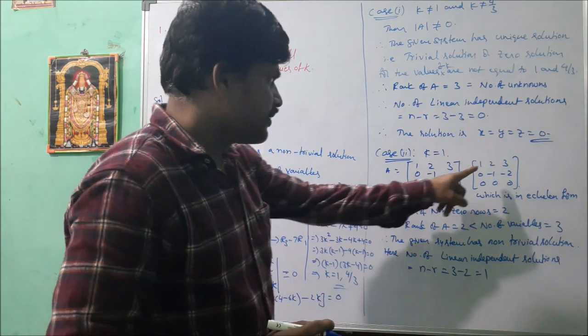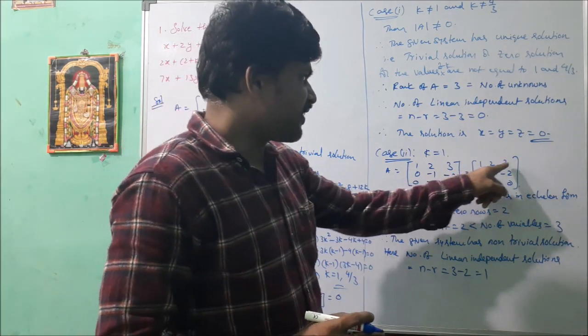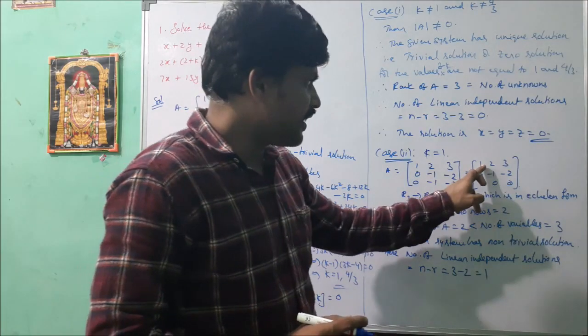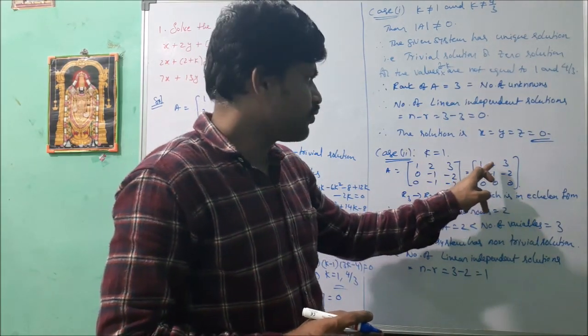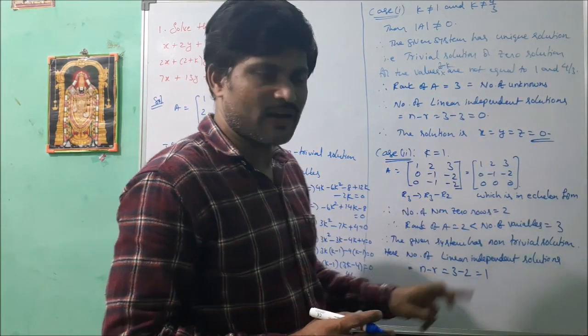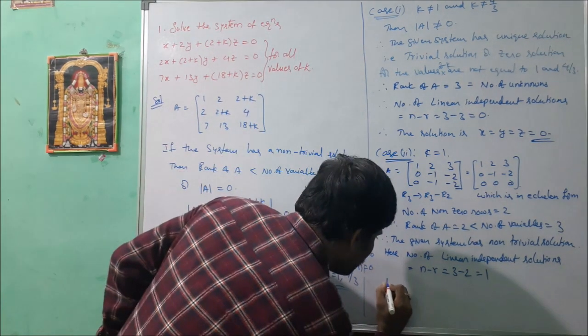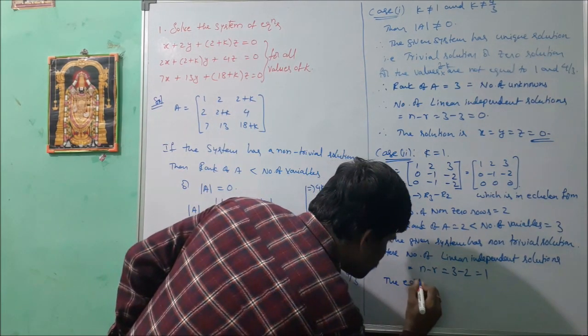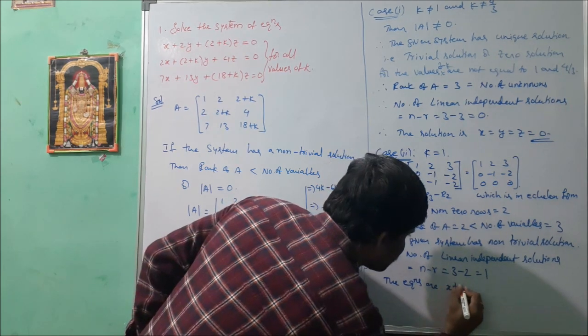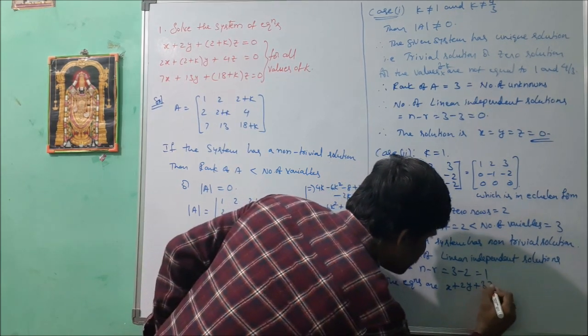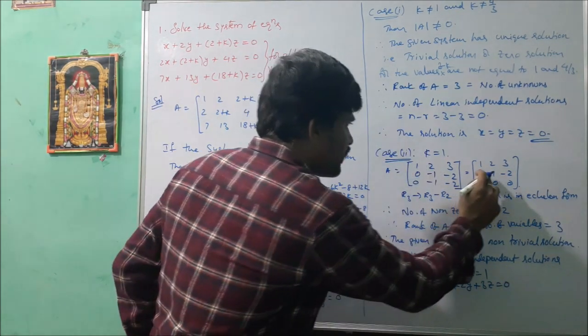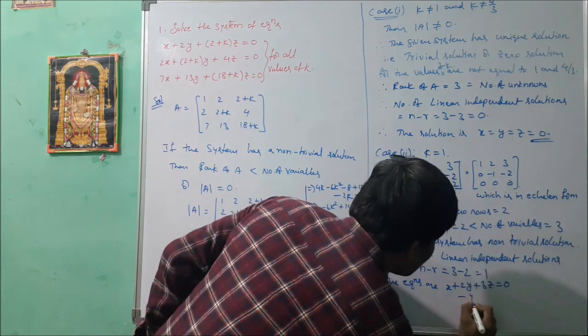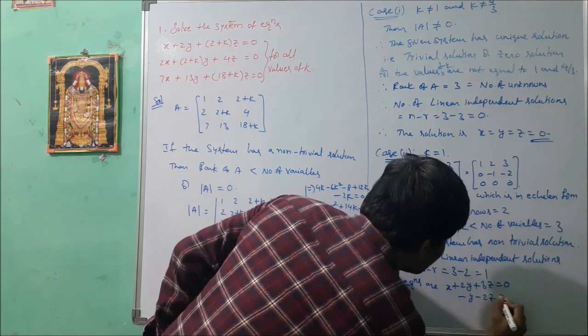Now we take the equations in echelon form. Here 1 is the coefficient of x, 2 is the coefficient of y, 3 is the coefficient of z. Now the equations are x plus 2y plus 3z equals 0. Similarly, the second equation, minus y minus 2z equals 0.